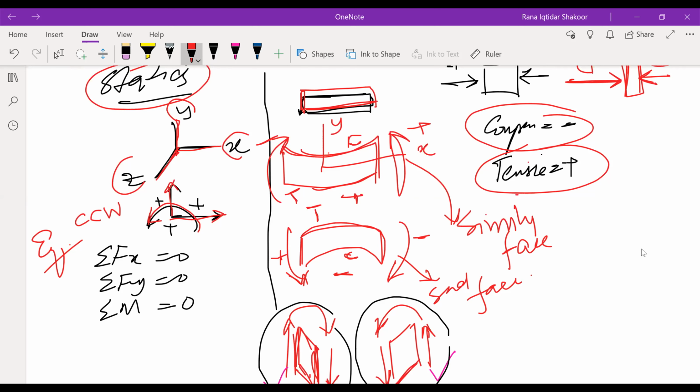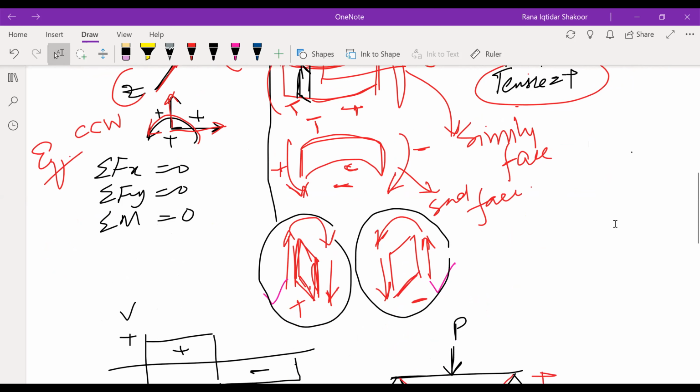But at this particular point, what about the shear force now? Obviously there would be some shear force. This is what we have already seen. If you look at this section, it will be like this, right? This will be a higher side and this will be a lower side. When it is a higher side and a lower side, you will be into this one, right?